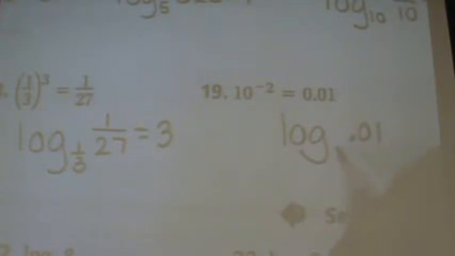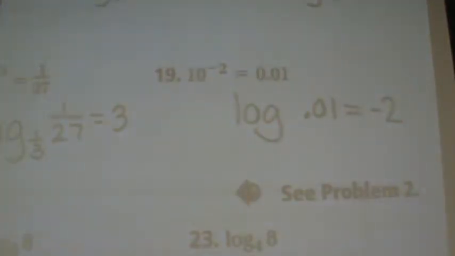Do we need the base there? Now, just for fun, type that in your calculator. Log .01. Now, you don't need that base 10 there. If you want to put it in, you can.